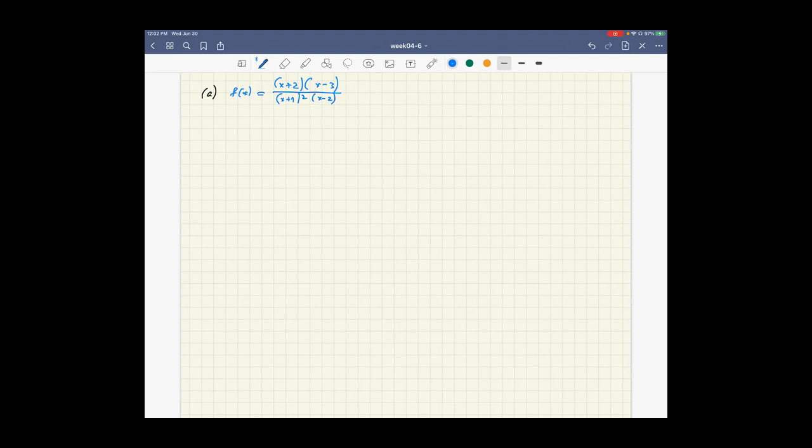All right, since both the numerator and denominator are already factorized, we start immediately with finding vertical asymptotes and points of removable discontinuity. The roots of the denominator are -1 and 2, and neither of them is a root of the numerator, so both -1 and 2 are vertical asymptotes.